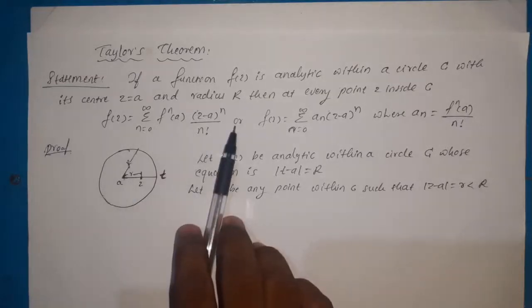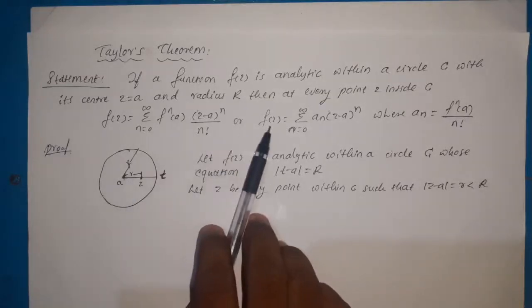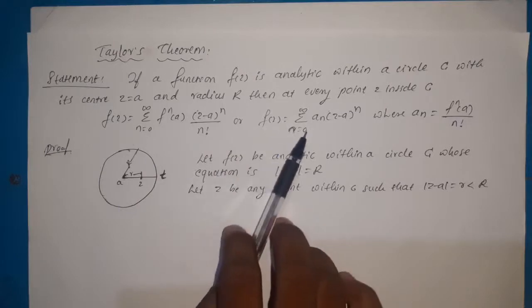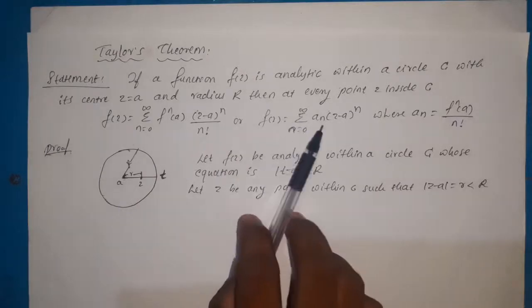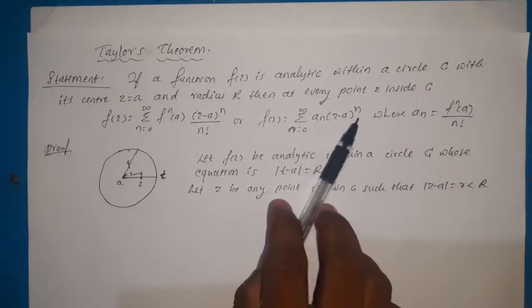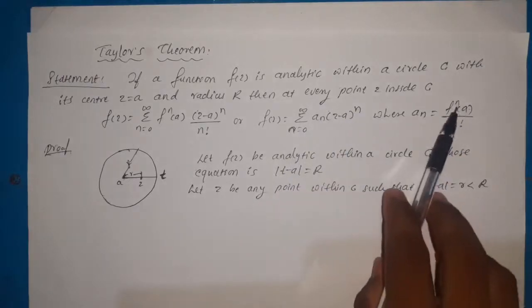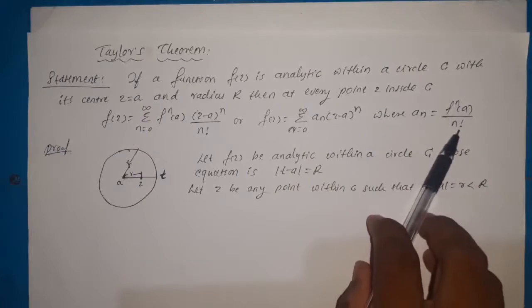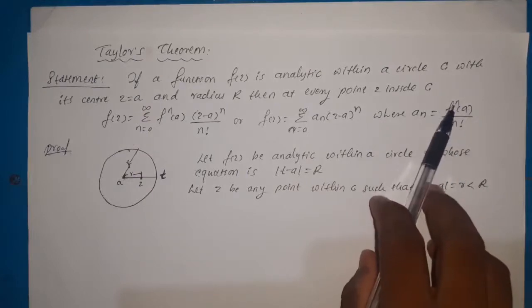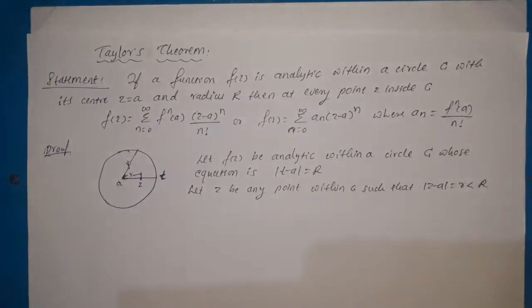Or this can be written as f of z equal to summation over n equal to 0 to infinity of a n, z minus a whole power n, where a n is given by f power n of a divided by n factorial. Here f power n means the nth derivative of the given function f of z, and a is any point within the circle C.